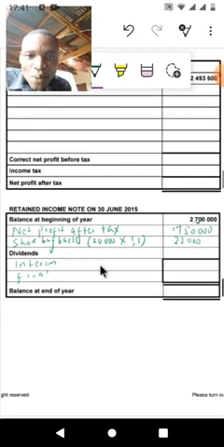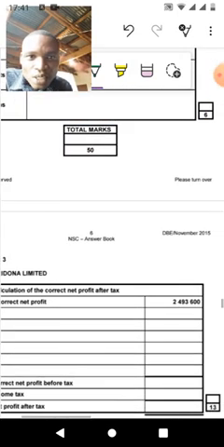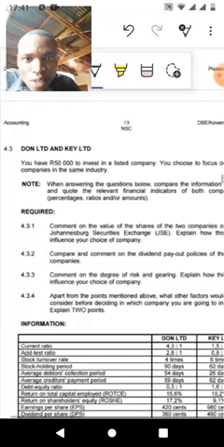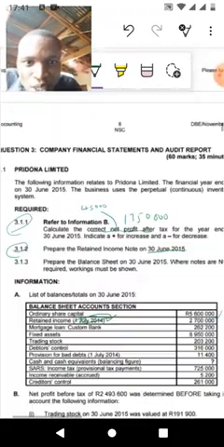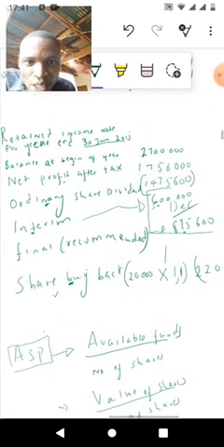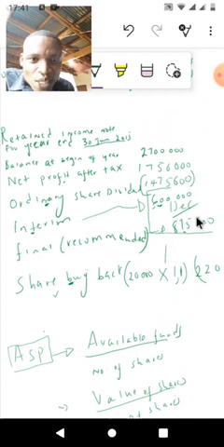How much was our interim dividend? How much was the interim dividend, guys? I can see some workings here. It should be here. It was 600,000, whereas the final dividend was 875,600.